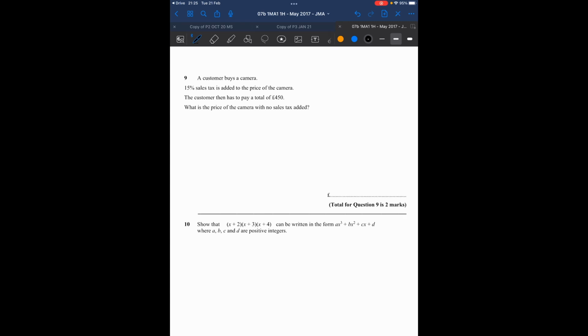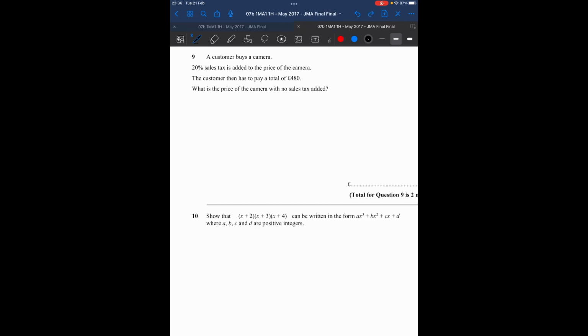A customer buys a camera, 15% sales tax is added to the price of a camera. 15% tax is added. Okay. The customer then has to pay a total of $450. The customer buys a camera, a 20% sales tax is added to the price. So the customer then has to pay £480.